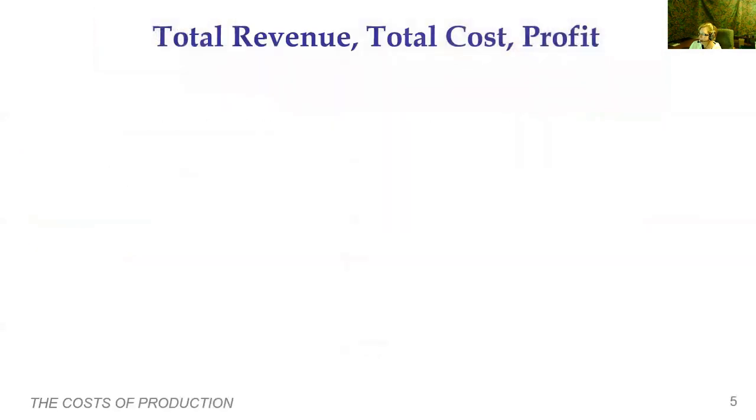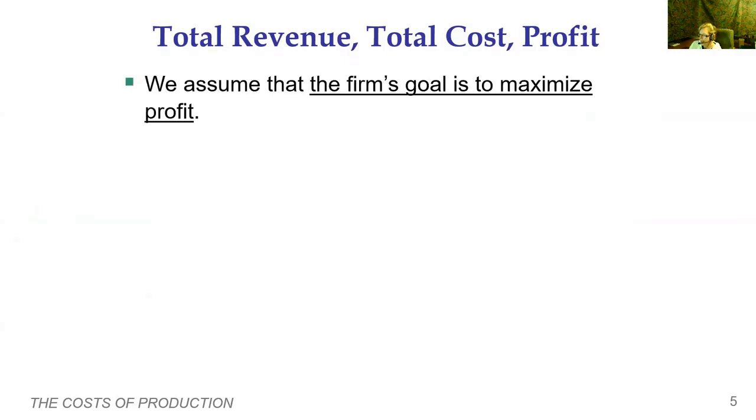All right, so we have total revenue, total cost, and profit, as I introduced in the very first slide. So we're going to first say that a firm's goal is to maximize profit. And essentially what this means is, how do I want to put it?